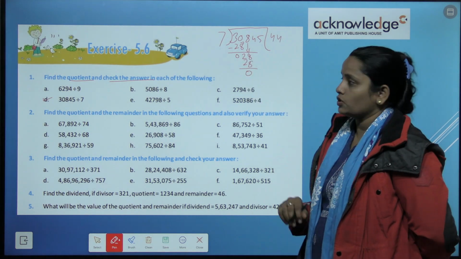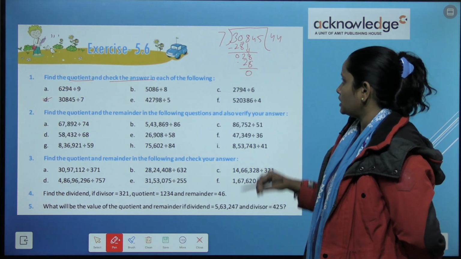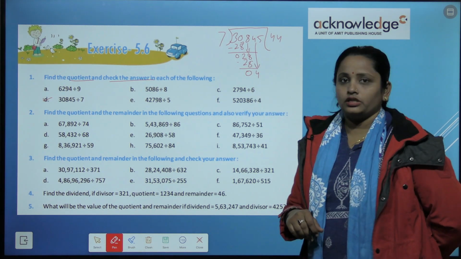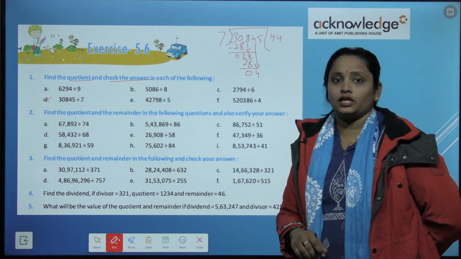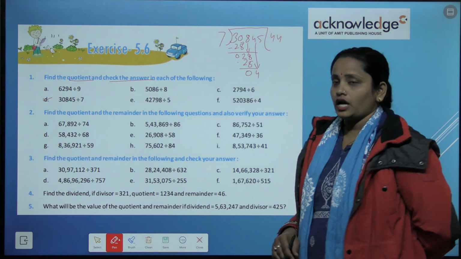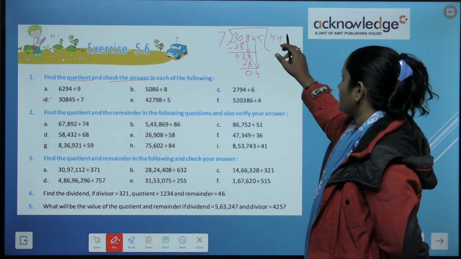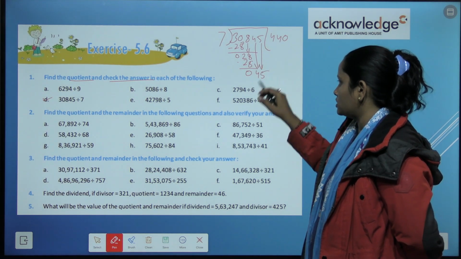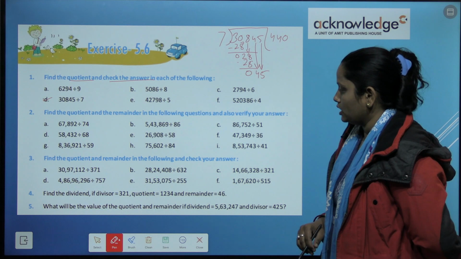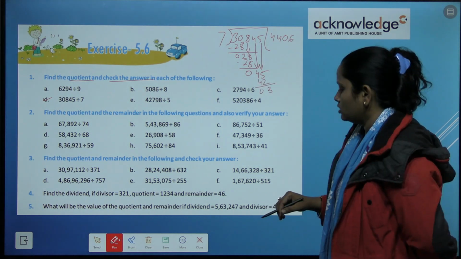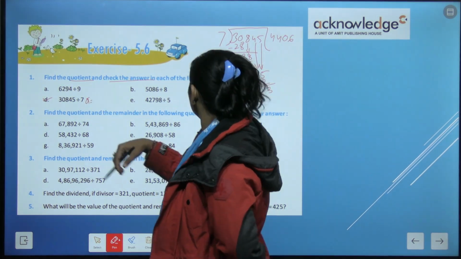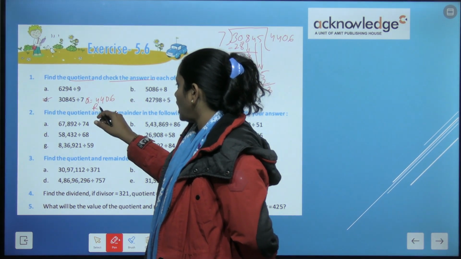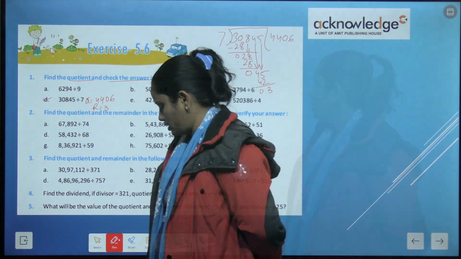Now it's 0 here जब हमने इन्हें सब्ट्रैक्ट किया. अब 4 नीचे आएगा यहाँ पे. चिल्ड्रन क्या 4 को हम 7 से डिवाइड कर सकते हैं? नो, क्योंकि 4 नीचे आया है और वो डिवाइड भी नहीं हो पाया, इसलिए हमें यहाँ पे एक 0 लगाना पड़ेगा. अब जो है इसके बाद हम न्यू नंबर उतार सकते हैं नीचे. नाउ अगला नंबर हमने नीचे लिख दिया है. सो हियर द क्वेश्चन इज 4406 and the remainder is 3.